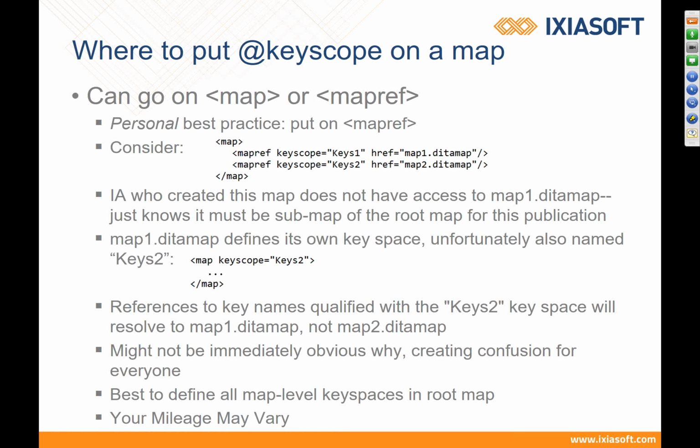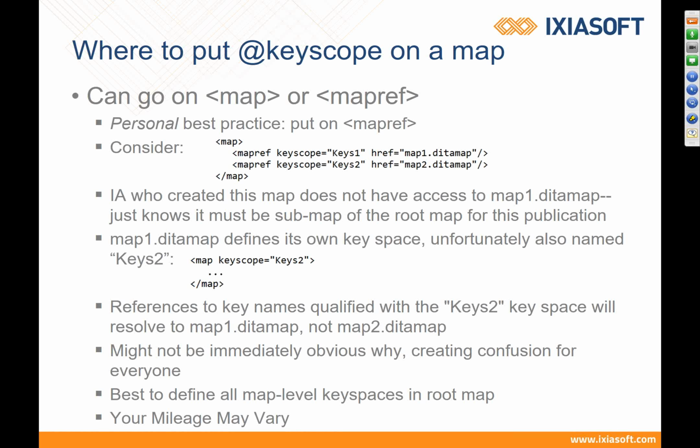If you've got one writer who's creating key spaces on individual topic refs, and none of the other writers do that, then if you're using one of that writer's maps, you have to remember that they may have these topic ref key spaces floating around in their map. So consistency with everything is going to be a big key, no pun intended, to success here.